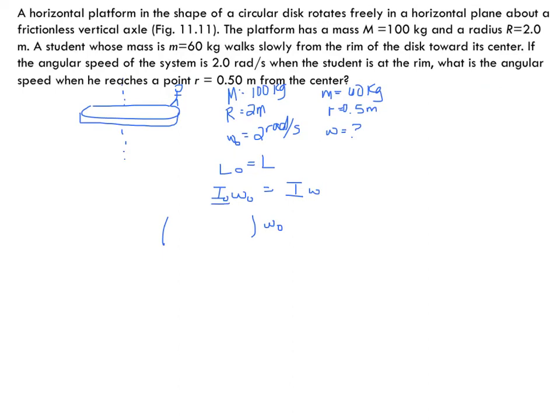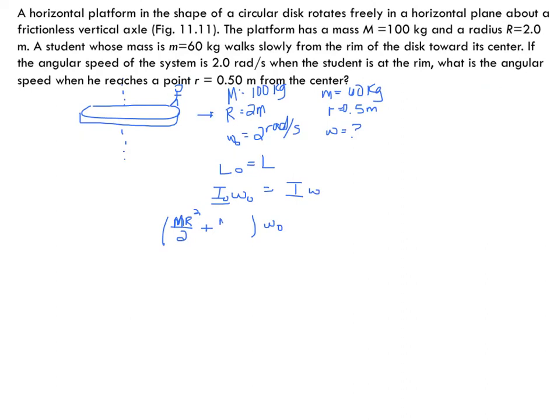Now the moment of inertia of the disc is capital M R squared divided by 2 plus, now the boy is standing at the rim of the disc, so his distance from the axis of rotation is also 2 meters.